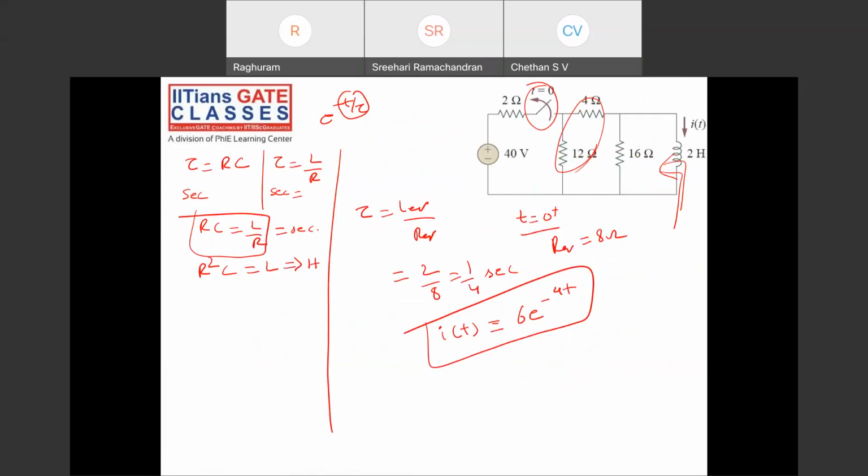I'm equating in terms of units. Or L by R square, what are the units? Farads. R by L square, what are the units? Farads.